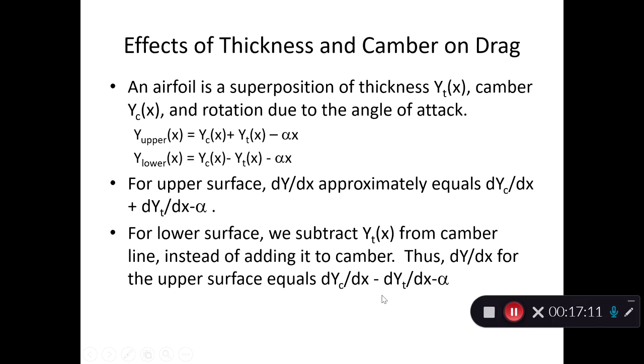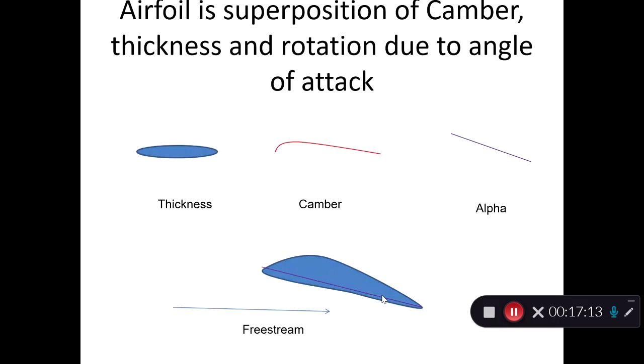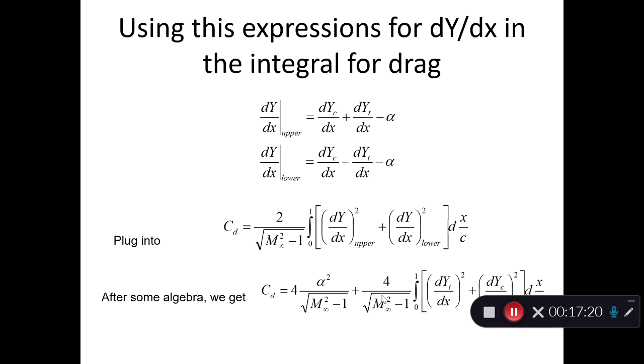So if you do a little bit of work, you're going to get basically an angle of attack effect, thickness effect, and camber effect. So if you double the thickness, you quadruple the drag. If you double the camber, you quadruple the drag.